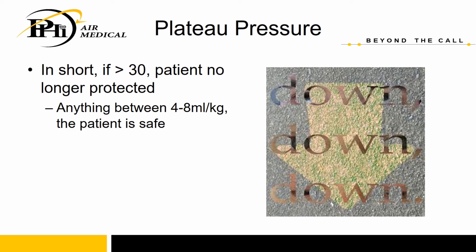So we're going to go down to 7 milliliters per kilogram. And then we are going to check another plateau pressure. We're going to perform another inspiratory hold and recheck our P-plat. And if our P-plat is still over 30, then we're going to go down to 6 milliliters per kilogram until that patient is safe, until that plateau pressure is less than 30.